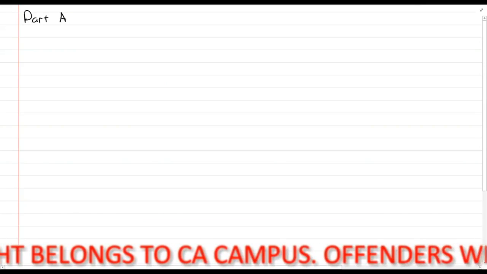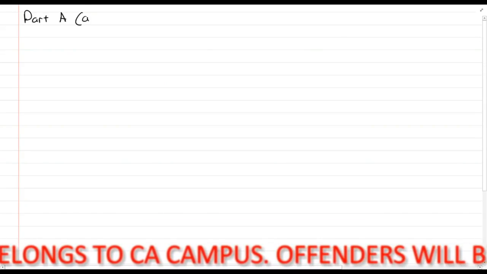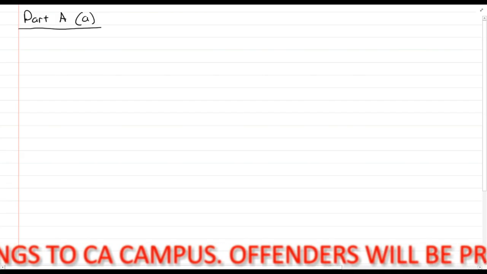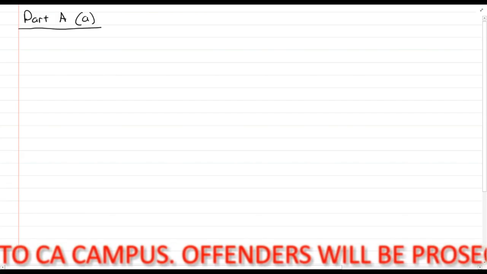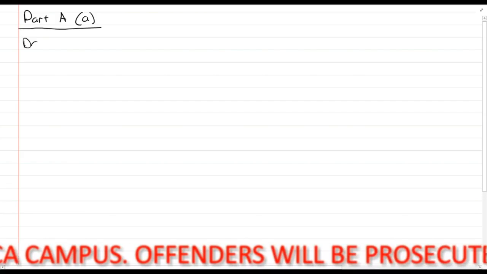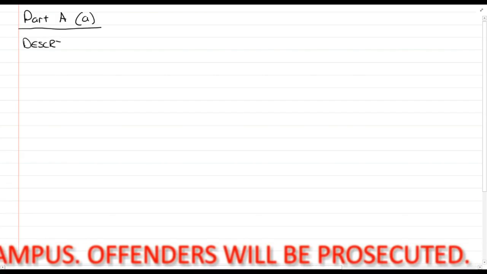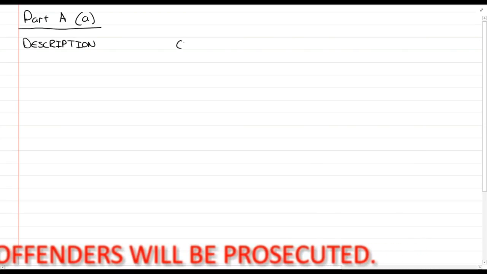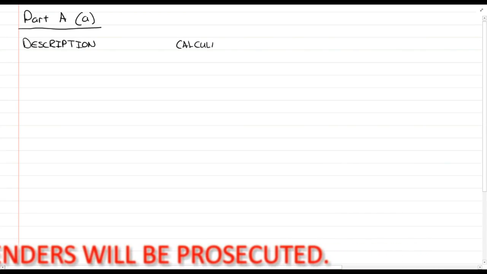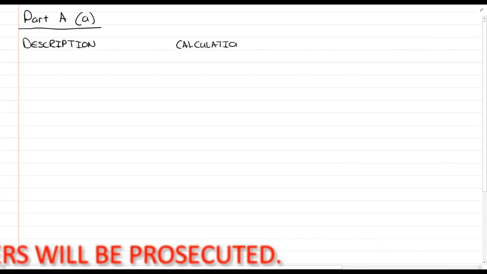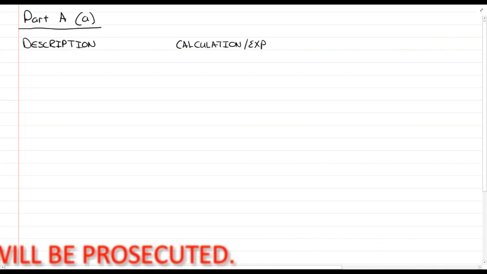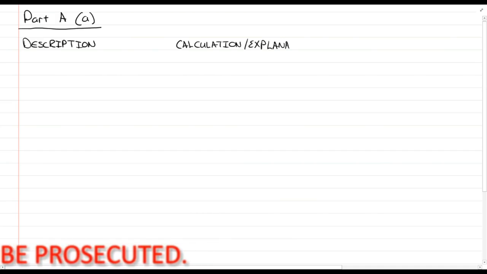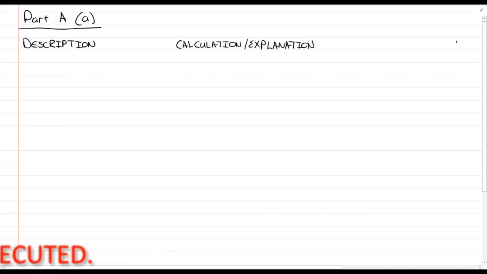So as always, guys, please clearly indicate what question you are doing at the top of your page. Description, calculation / explanation, and you can either do a rands column here with a separate heading for output and input tax.